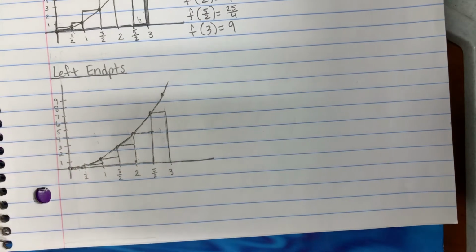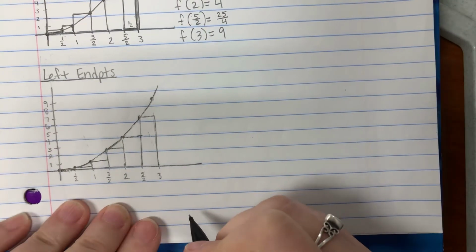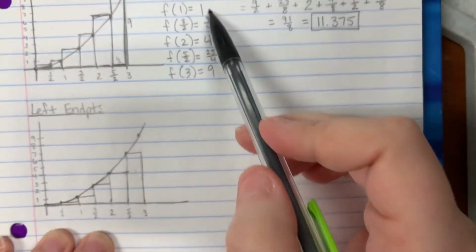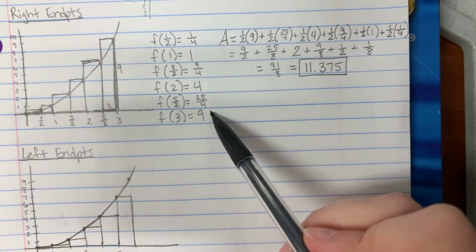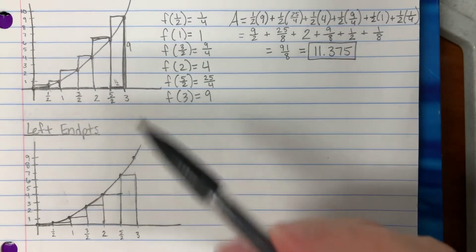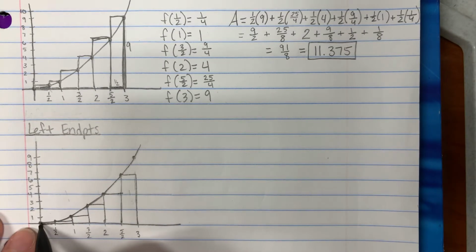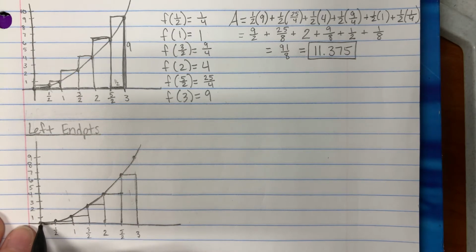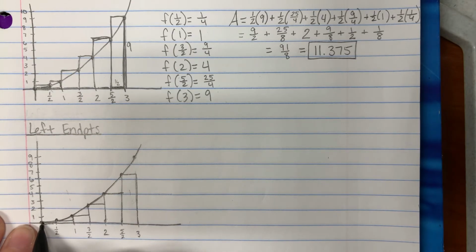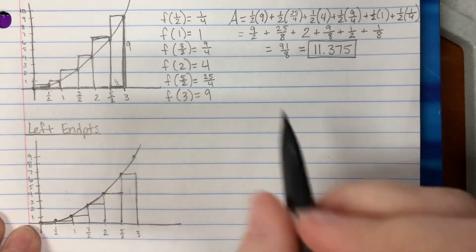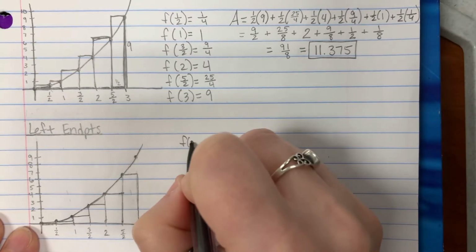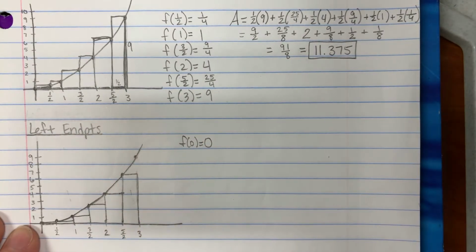Let me point out that when I do my areas here, I get to use the same values that I used up here. I don't have to find them again because I'm going to be using most of them again. The difference is I have to use the left-hand side. So at first I'm using 0 right here. So f of 0 is 0.